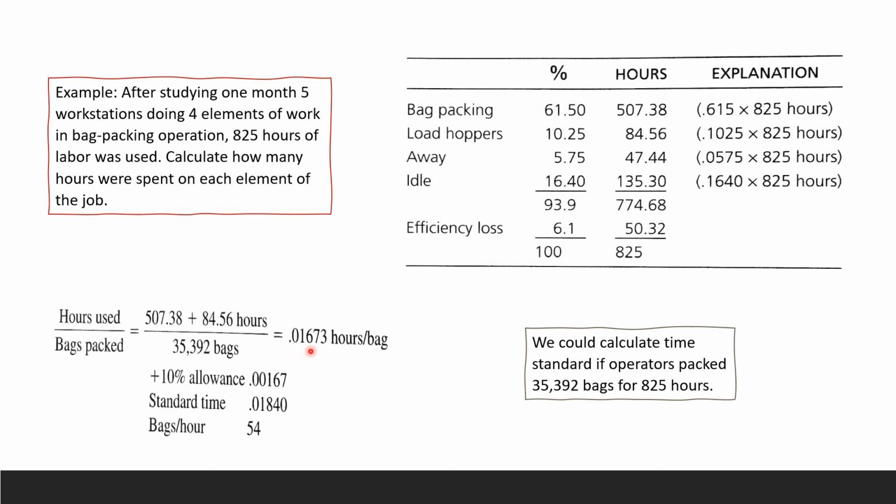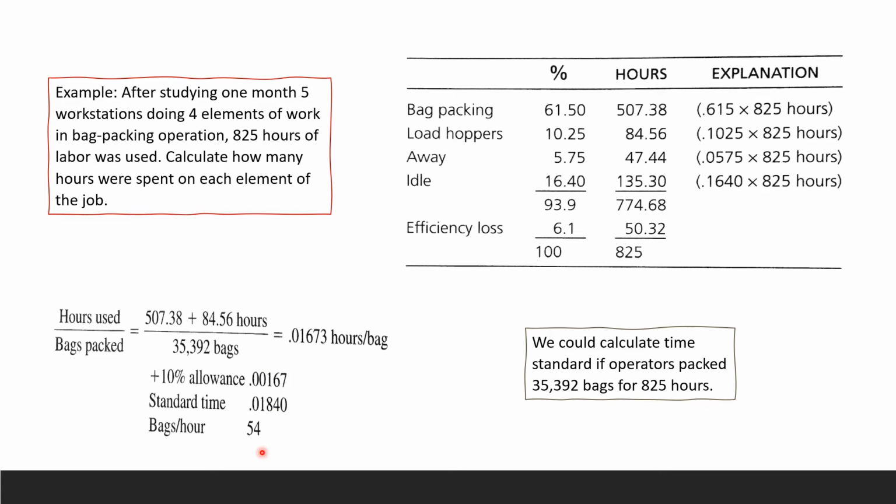So 0.01673, plus we spent 10% allowance, so that's 0.00167. 10% is nothing but you just take 0.01673 and go down one decimal. Standard time is 0.01840, and then your bags per hour is 54.